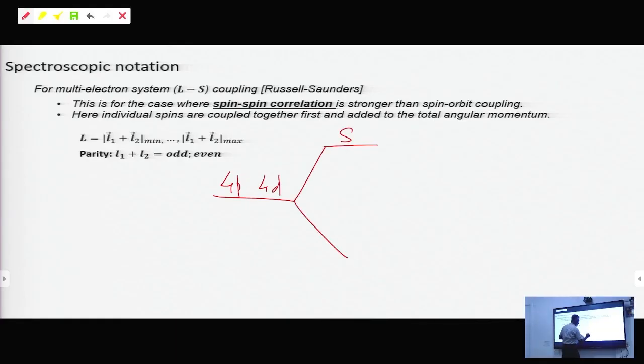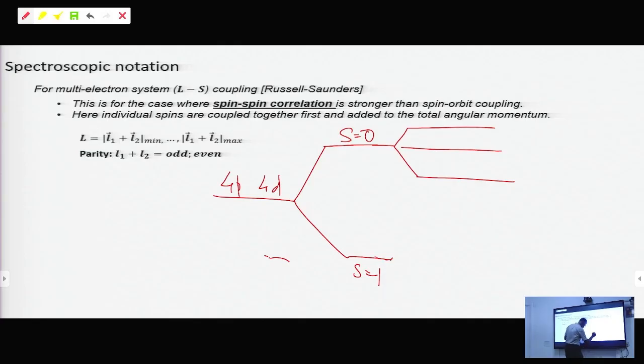B is equal to 0, and this is equal to 1. Then you split. I think it splits into how many levels? 8. And this one splits in the other. In this case, we need to write a bit.